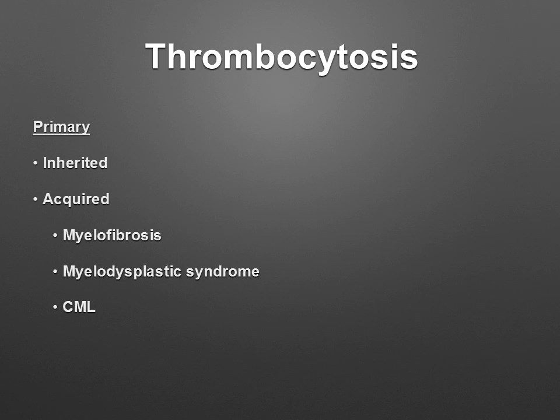Bleeding risk, interestingly enough, is also increased in these disorders, particularly if you're getting platelet counts greater than 1,000, and that's mainly attributed to acquired von Willebrand's disease or platelet dysfunction that also occurs in these cases.